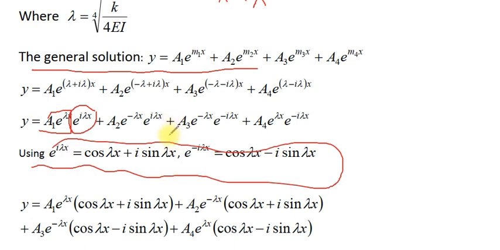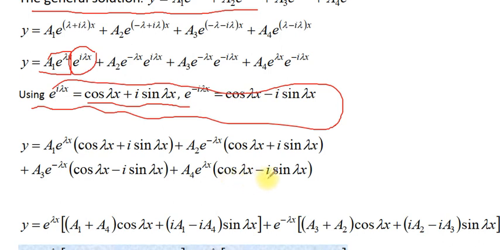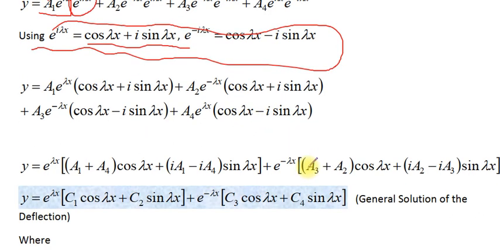Continue with a2 e to the minus lambda x multiplied by e to the i lambda x, replaced by the same term. Continue with a3 e to the minus lambda x, where e to the minus i lambda x is replaced by cosine lambda x minus i sine lambda x, and the same for a4.